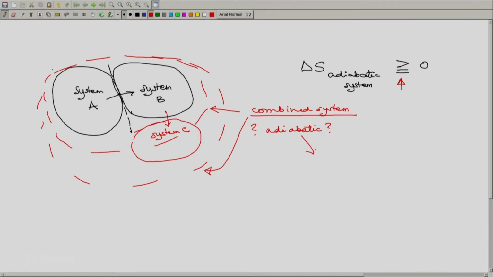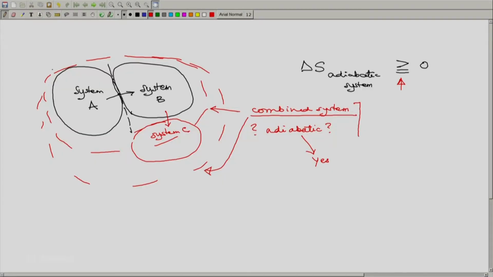If the answer is yes, again our problem is solved, otherwise we go on extending it. So we go on extending our system, combining more and more systems with which the system directly or indirectly interacts using the heat mode of interaction, till we come to an extended combined system which is adiabatic.